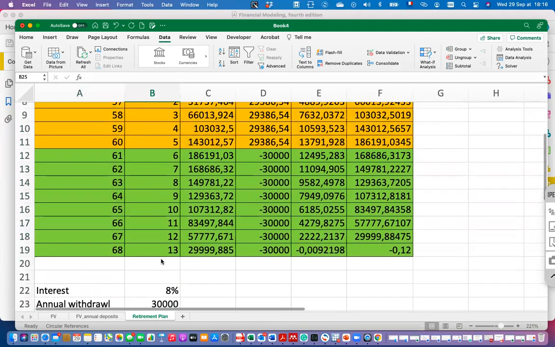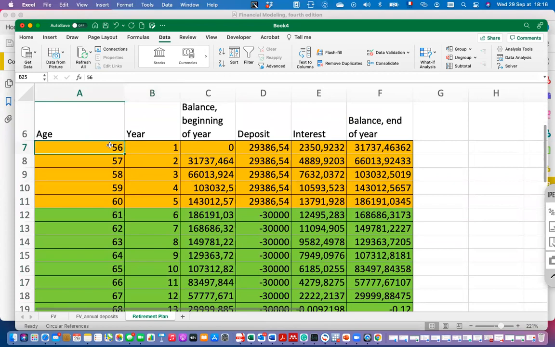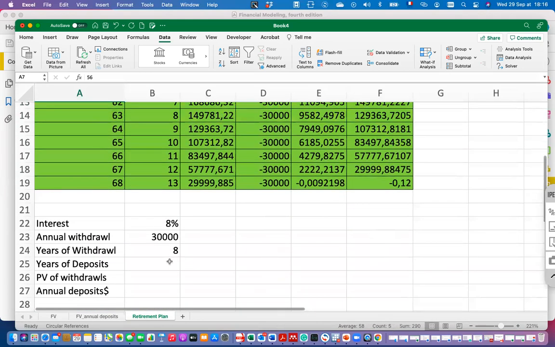And how many years of deposits? From 56 to 60. You just select the years, and Excel will give you the count automatically. So the count is 5, which means 5 years of deposit. So these are the required inputs.